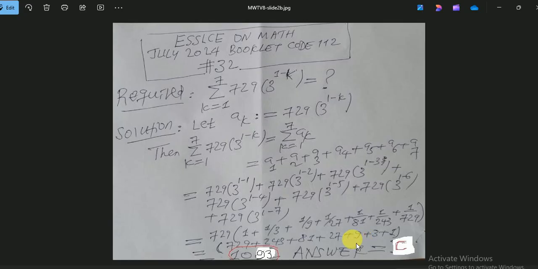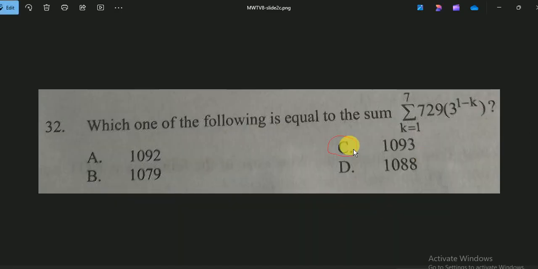So to get subsequent terms, we have to multiply by 3. 1 times 3, 3. 3 times 3, 9. 9 times 3, 27. So the common ratio is 3. First term is 1. Apply formula for geometric progression. The answer is 1093. Or you can directly add these numbers without using formula. So this is choice C. The answer is C. Yes.